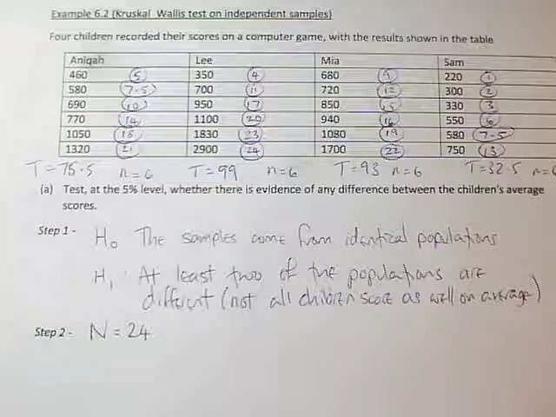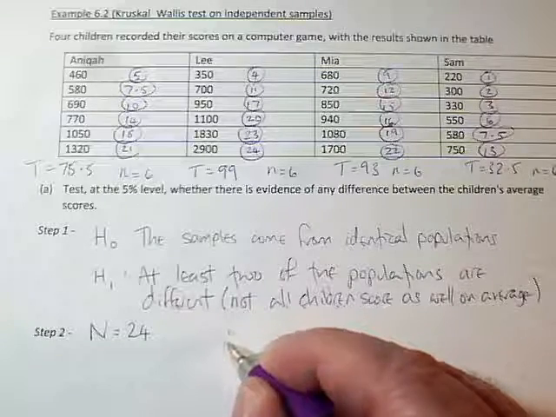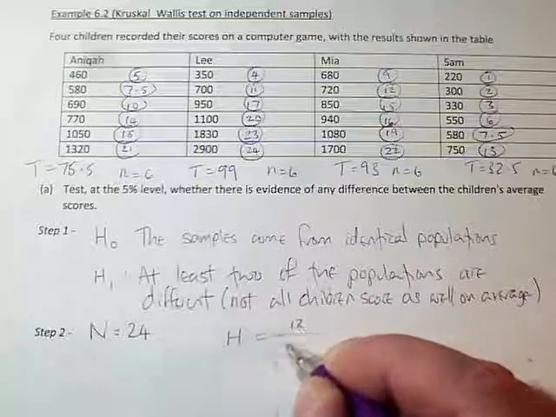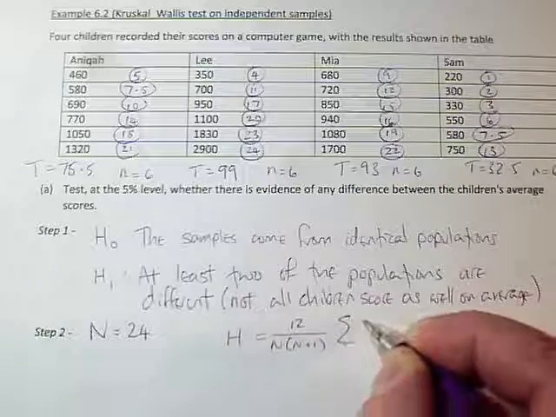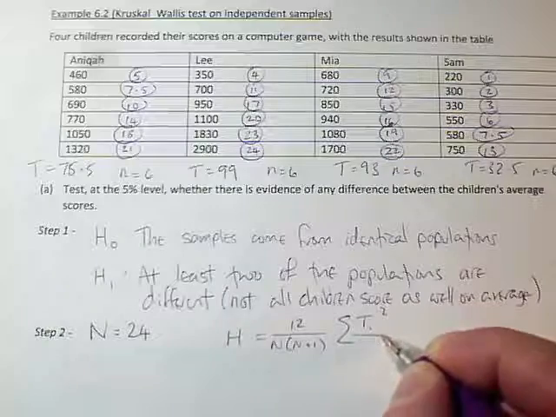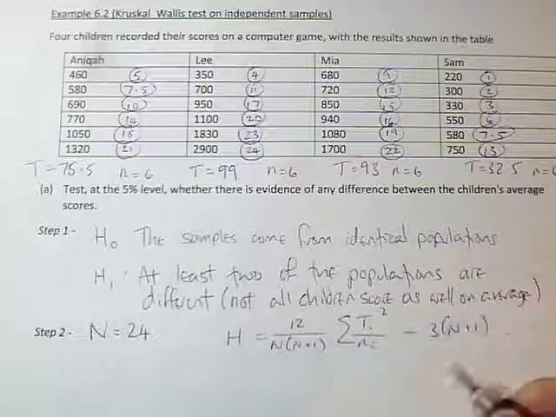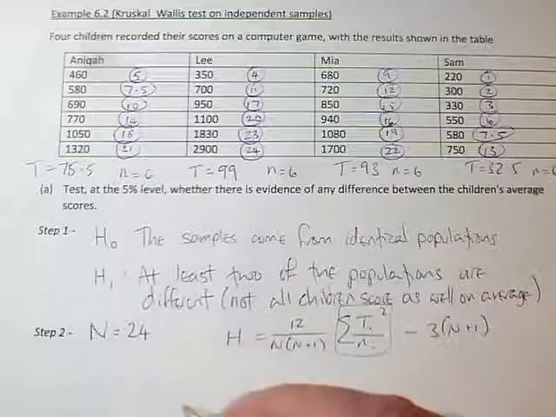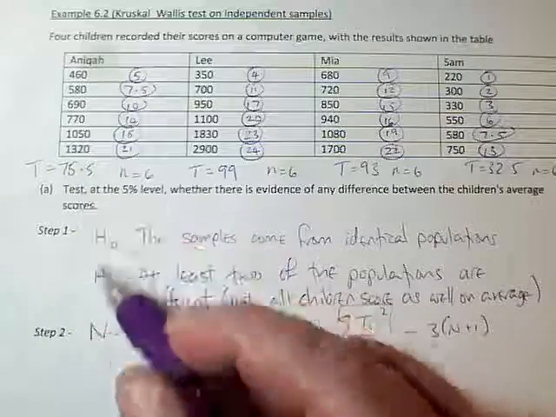So I now have to apply the formula. So the formula was H is 12 over n times n plus 1, times the sum of Ti squared over ni, and then minus 3 lots of n plus 1. So I'm going to focus on this bit first. I'm going to do each T value squared divided by the n.